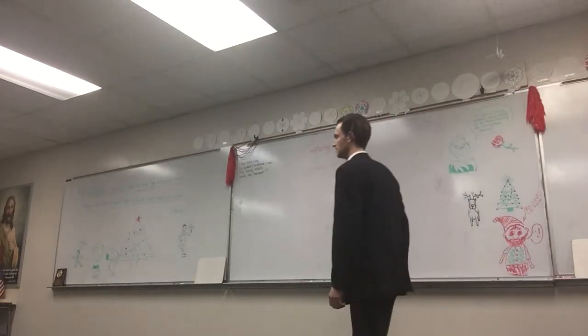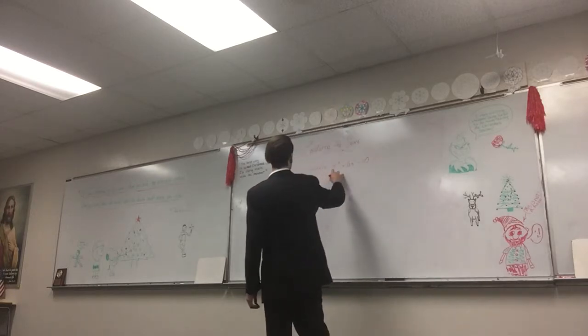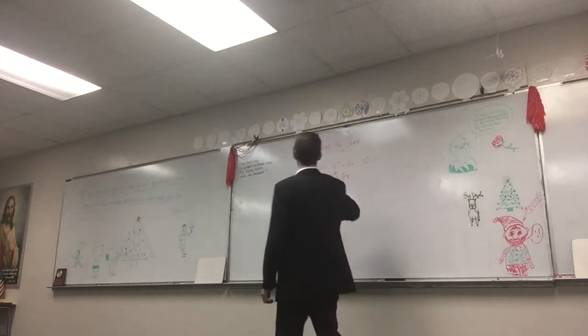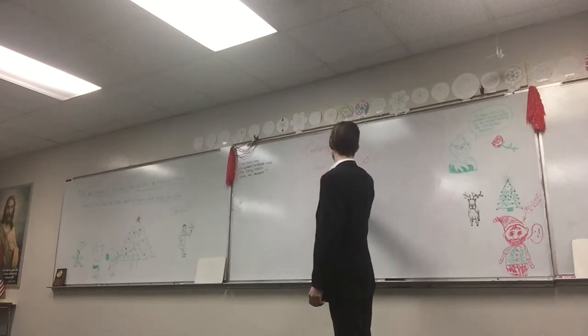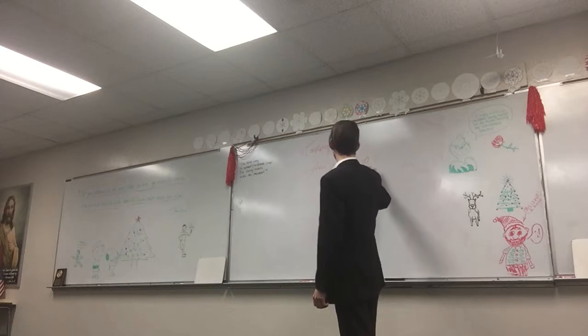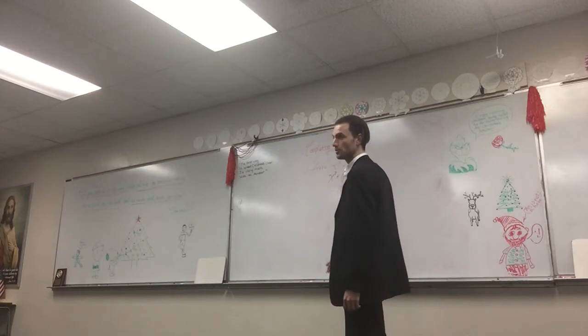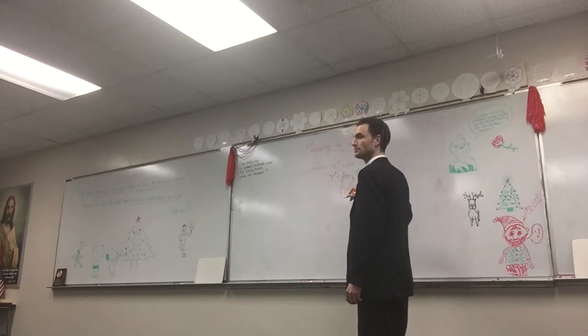Step by step, I rewrite the function until the middle term. I take this number, divide it by 2, and square it. So 6 divided by 2 is 3, 3 squared is 9. So I add 9, and then I have minus 10, but I added 9, so what do I have to do? Subtract 9. That makes sense?